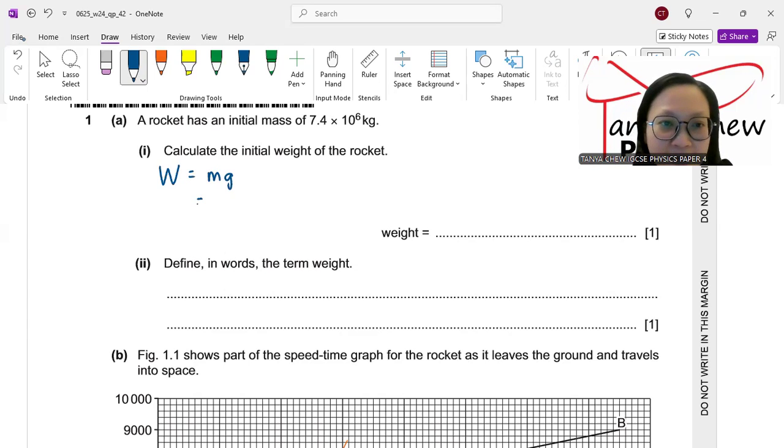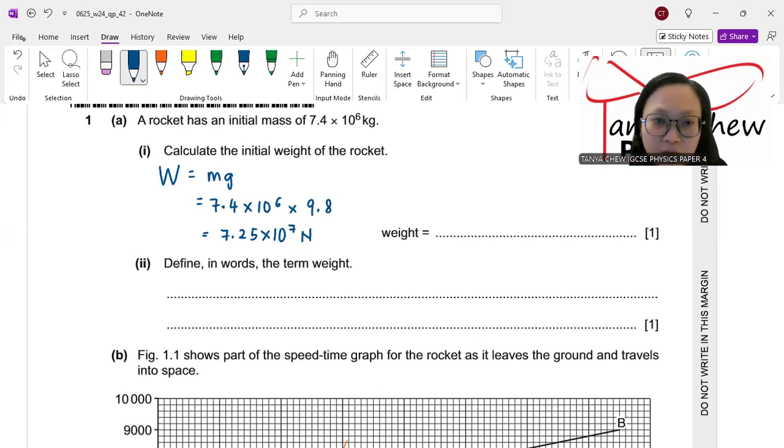So the mass is 7.4 times 10 to the power of 6. g, remember, use 9.8. So you should get 7.25 times 10 to the power of 7 Newton. Or you could round it off to 7.3 times 10 to the power of 7 Newton.